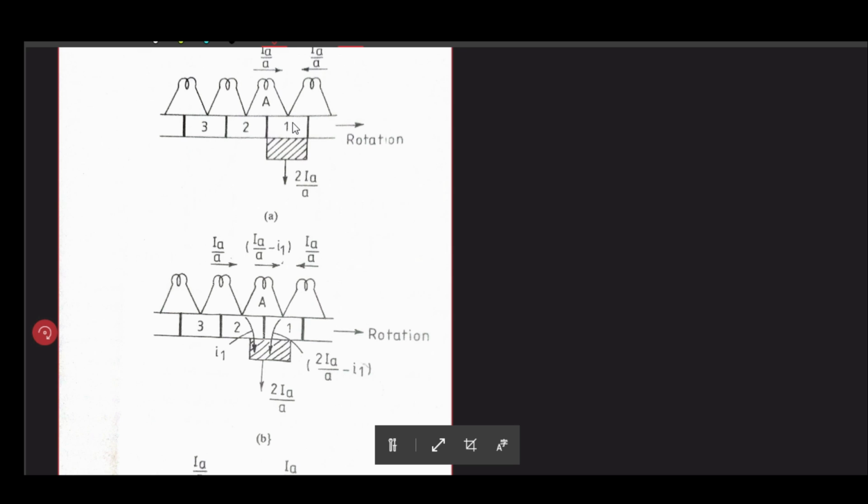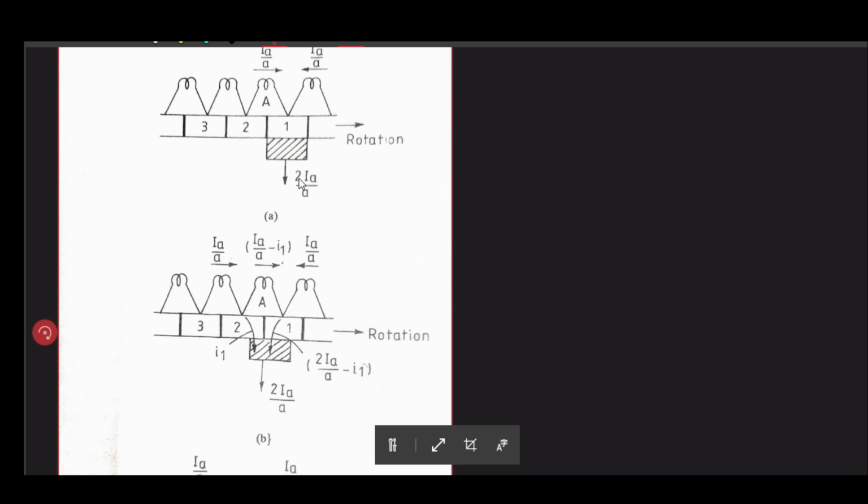Whatever current it is collecting from tooth 1 is the sum of the two coils. One is from coil A, carrying Ia by A. Another is from another coil, carrying Ia by A. Let us consider this Ia by A as the current per coil. So the total current through the commutator, through this brush, is 2Ia by A.